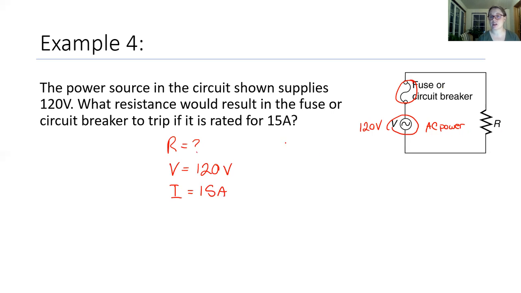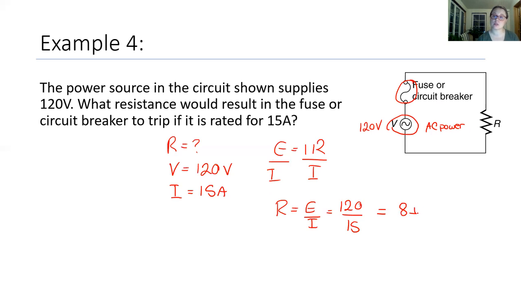Well, we can figure that out. E equals IR. Rearranging it, we want to get R by itself, so we divide both sides by I. So resistance is equal to voltage divided by current, which is 120 divided by 15, which gives us a resistance of 8 ohms.